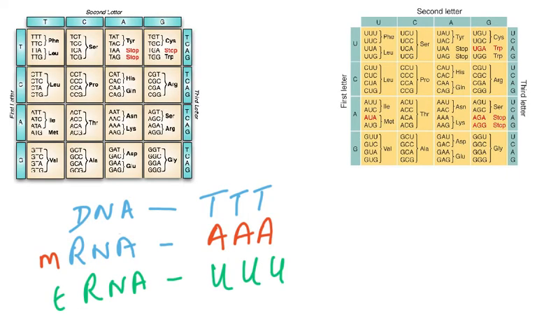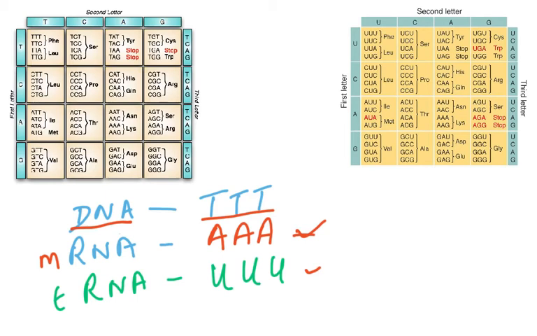Now in this diagram here, in the two tables, you can see we have the DNA on one side. So the DNA is TTT, the mRNA will be AAA and the tRNA will be UUU. As we go along, you'll further understand this, and you need to come back to this page, pause it and have a look at it.